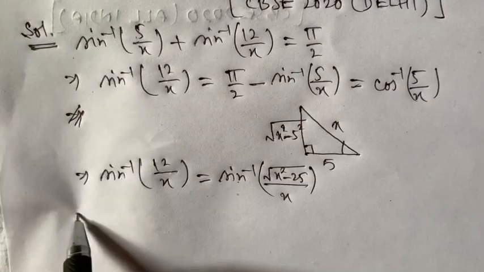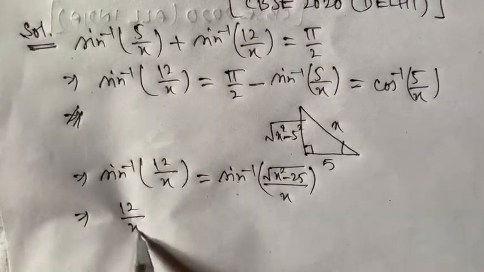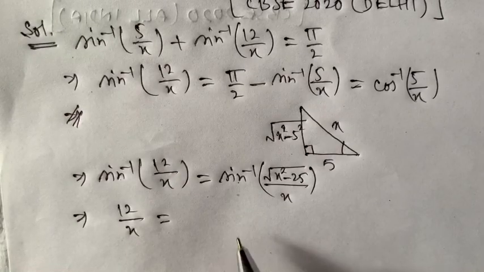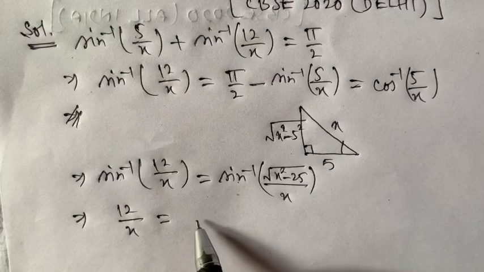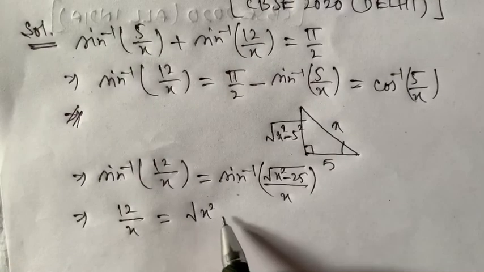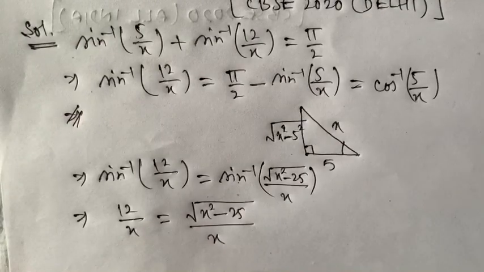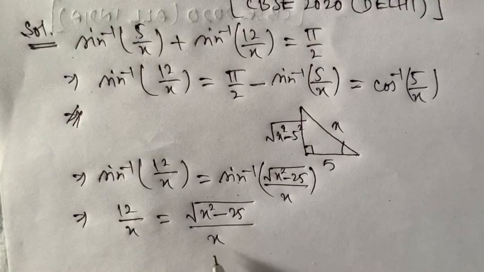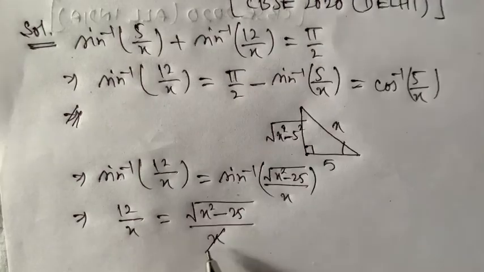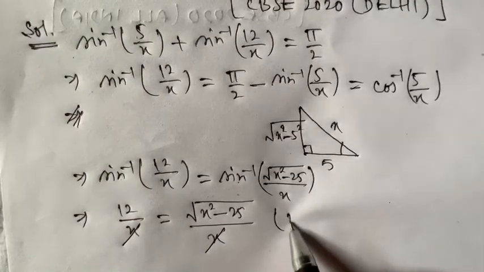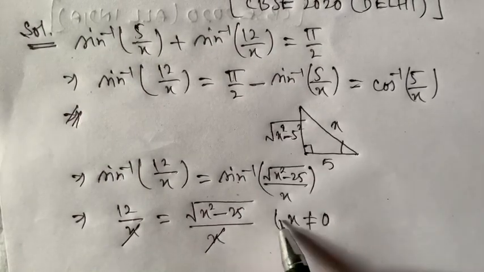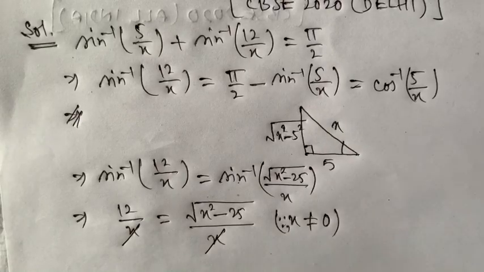We will equate them and eliminate sine inverse from both the sides to get 12 by x is equal to root under of x square minus 25 by x. Can we cancel x from both the sides? Yes, we can cancel because they have given x is not equal to 0. So we can cancel it.